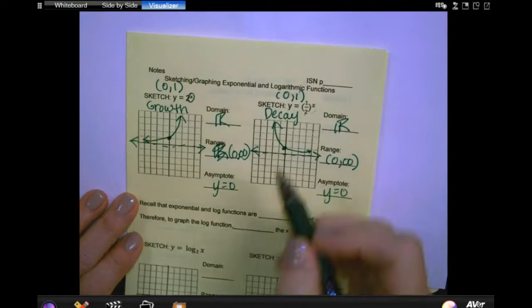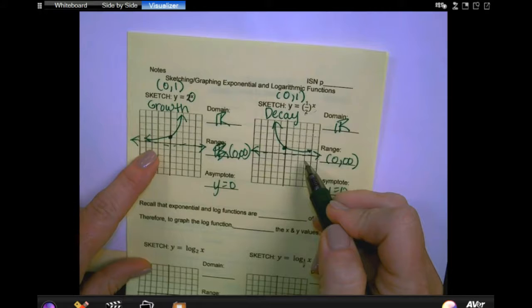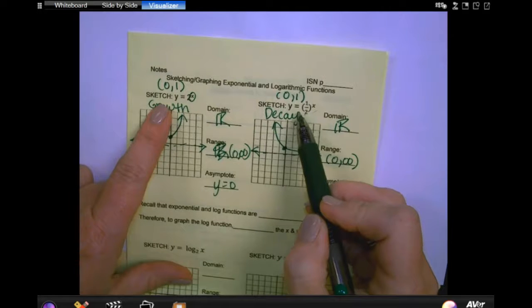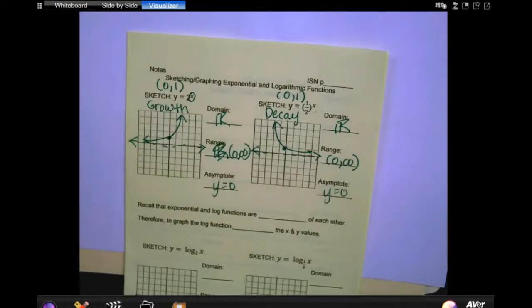So does that affect my asymptote at all? But if I had plus 5, then what would I do with my asymptote? Move it up. So the only time the asymptote is going to change with an exponential is if you get the plus. If it's with the x, the asymptote doesn't move. Does that make sense?